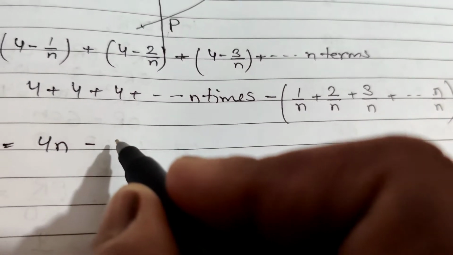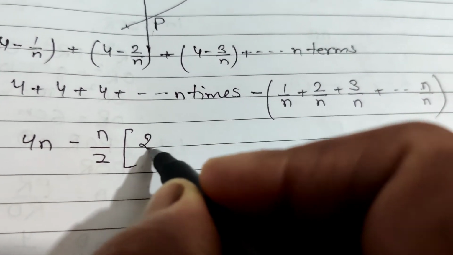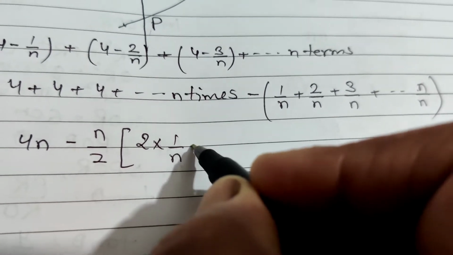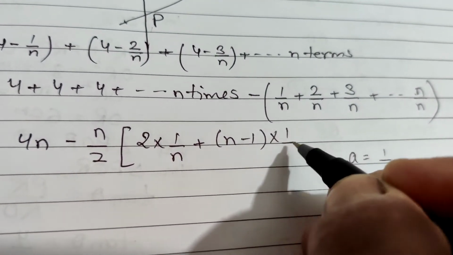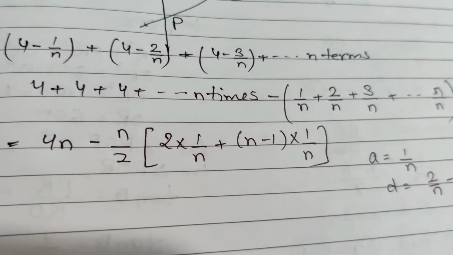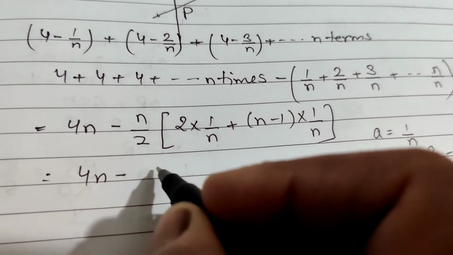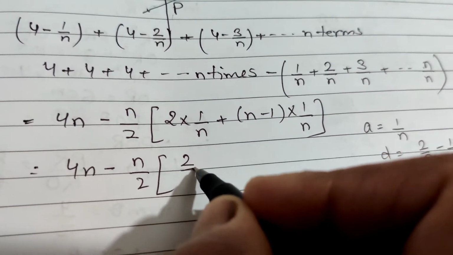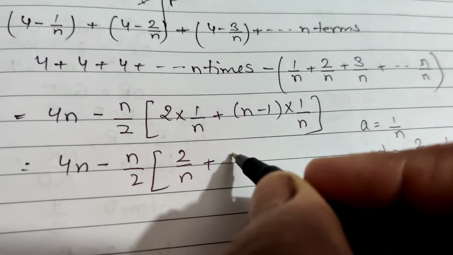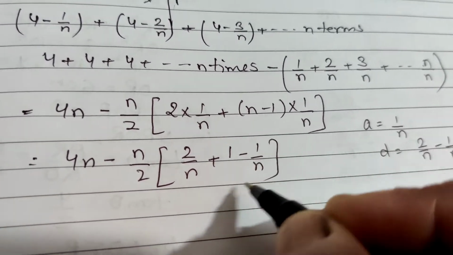The sum of the series formula is n by 2 times 2a plus n minus 1 into d. Okay. 4n, minus n by 2, here is 2 by n plus, multiplying, n cancel, 1 minus 1 by n.